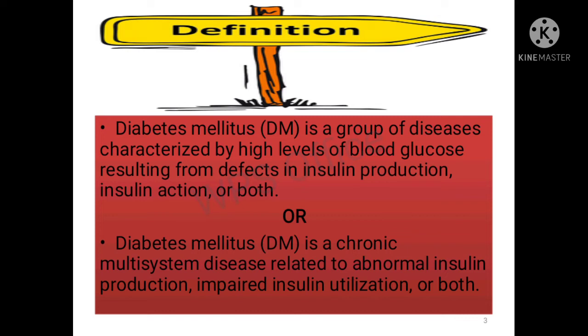It is a multi-system disease related to abnormal insulin production, impaired insulin utilization, or both. The body may not be able to utilize the produced insulin, or it may be unable to do both.